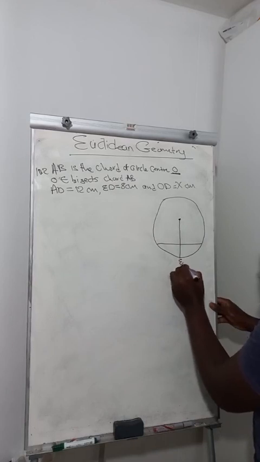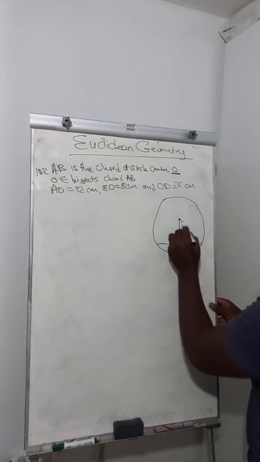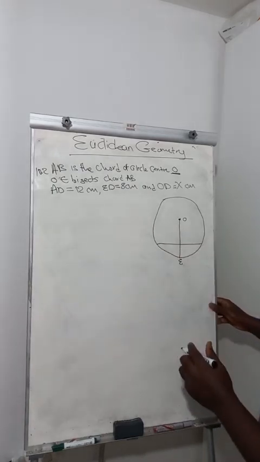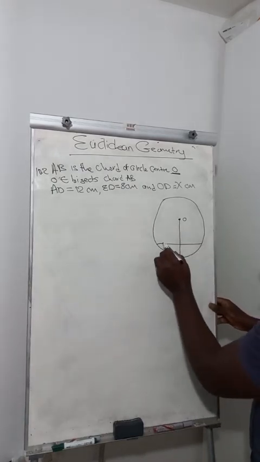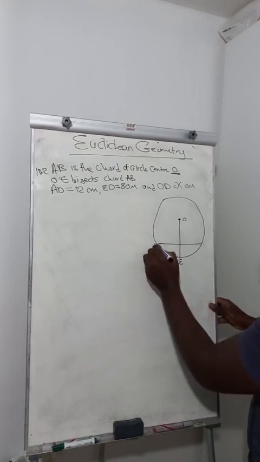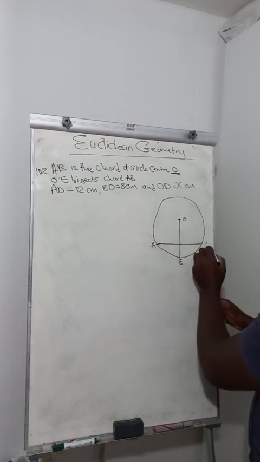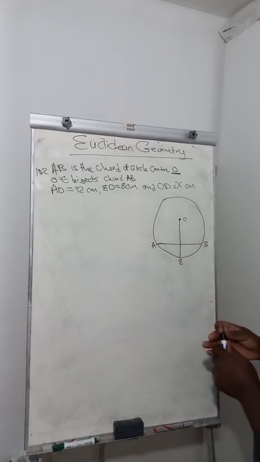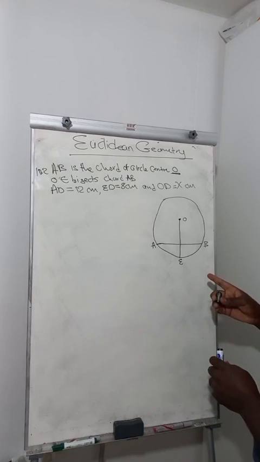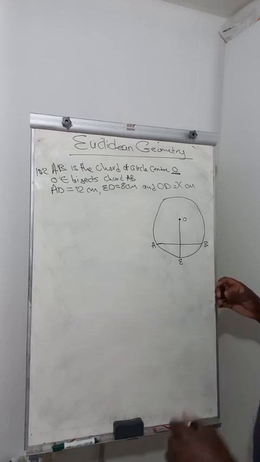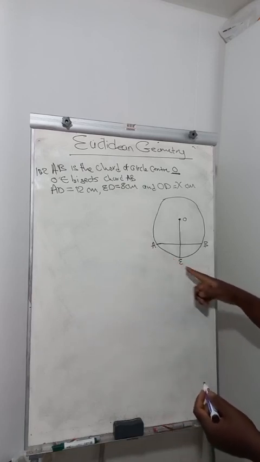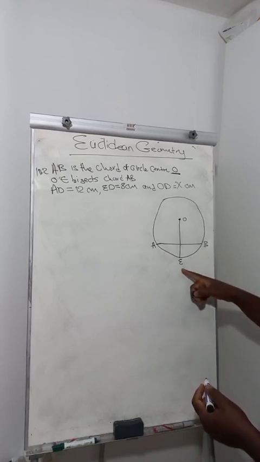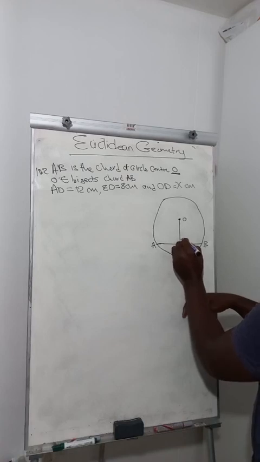Here you have got E, here you have got O, here you have A and B. This is A, this is B, this is E, and this is D here.